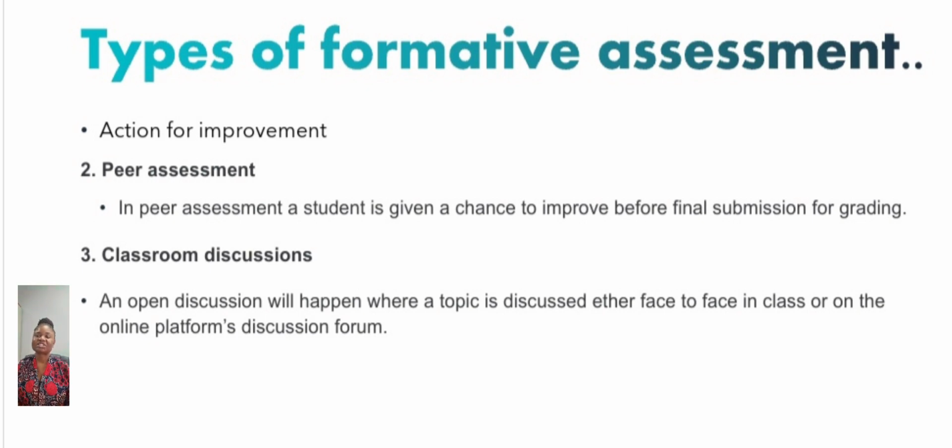Peer assessment. In peer assessment, a student is given a chance to improve before final submission for grading. In this case, I will give an assessment which is supposed to be summative. However, a date before the due date will be set to review the student's assessment and give the student feedback in the form of comments, allowing the student to improve their assessment before the deadline and resubmit for grading.